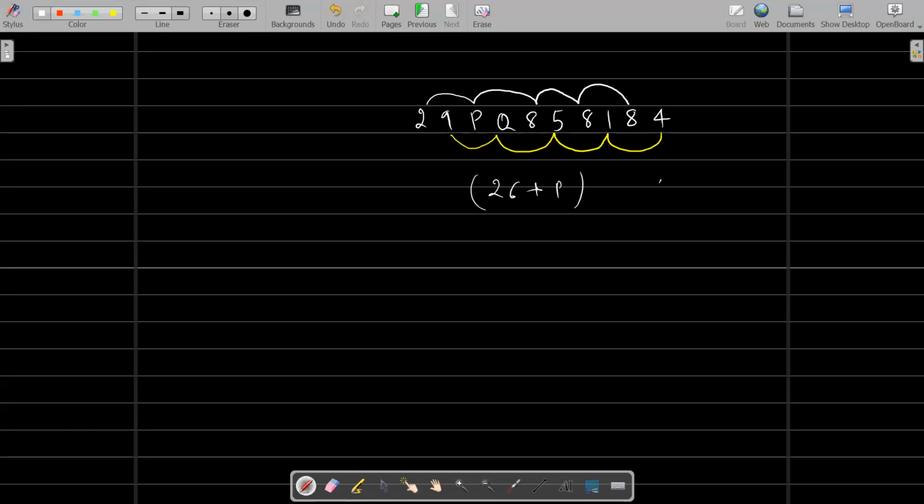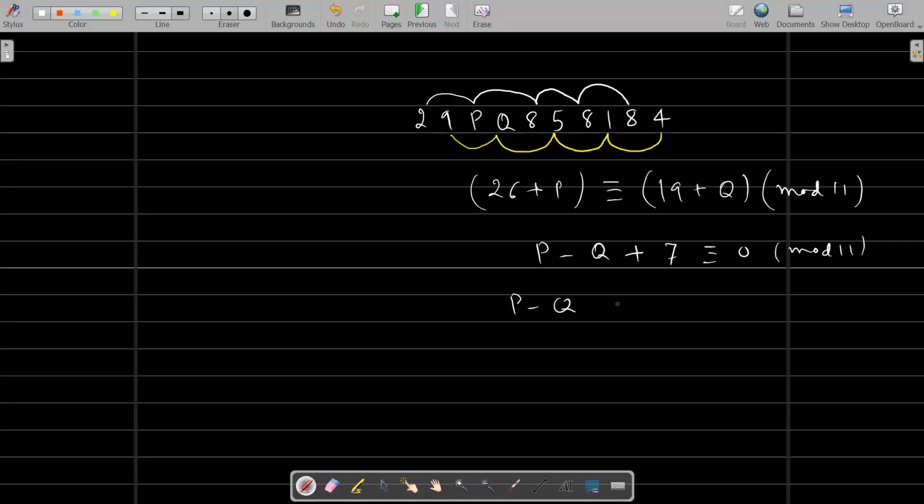You simplify it and get 7 plus P minus Q divisible by 11. So shall I say these are congruent mod 11? The difference should be either 0 or a multiple of 11. So 26 plus P is congruent to 19 plus Q mod 11. Do you all agree? Yes, sir. So taking all numbers on one side, P minus Q plus 7 is 0 mod 11. So it could be either 0 or 11.